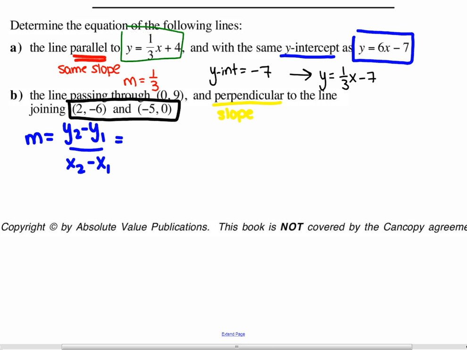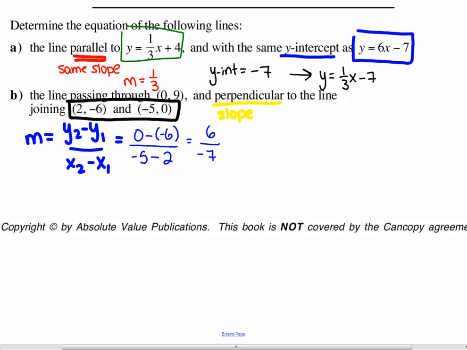So the second y is 0 minus negative 6, divided by second x minus first x, negative 5 minus 2. When you subtract a negative, 6 divided by negative 7.